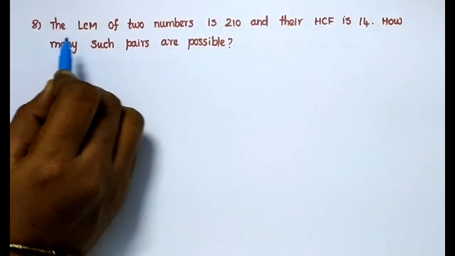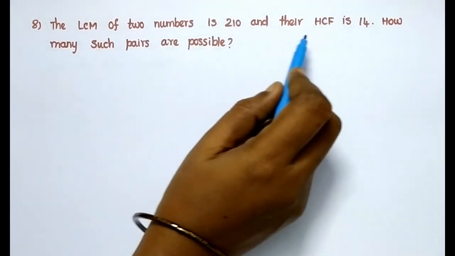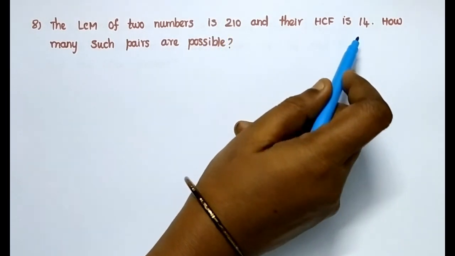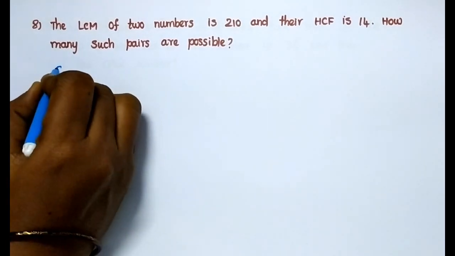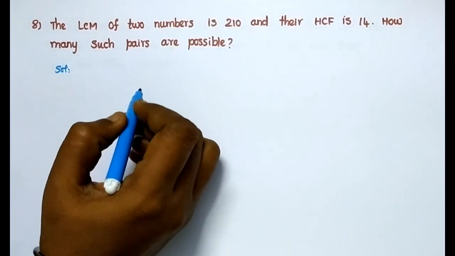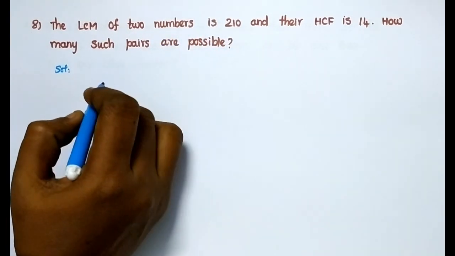Eighth sum. The LCM of two numbers is 210 and their HCF is 14. How many such pairs are possible? Listen. LCM and HCF.